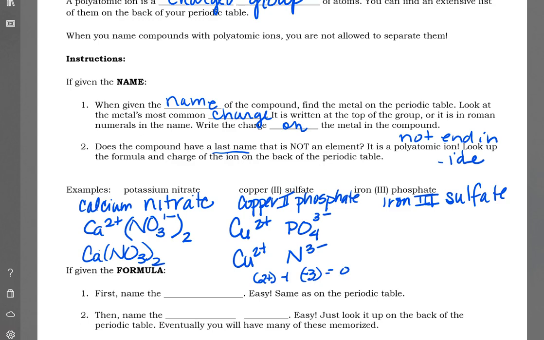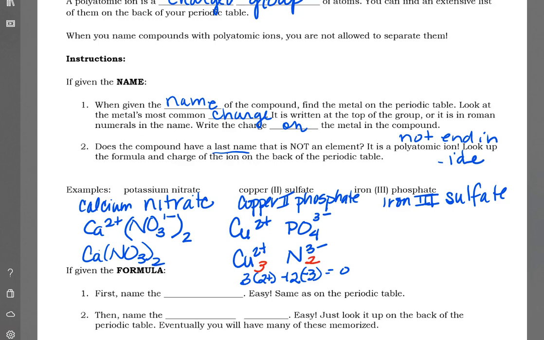What's our least common multiple here? Our least common multiple is 6. So if we have 3 of these guys and 2 of these guys, that would be 3 coppers and 2 nitrides, right?